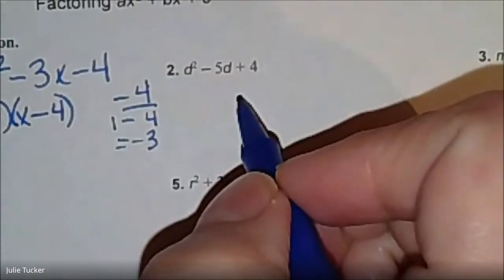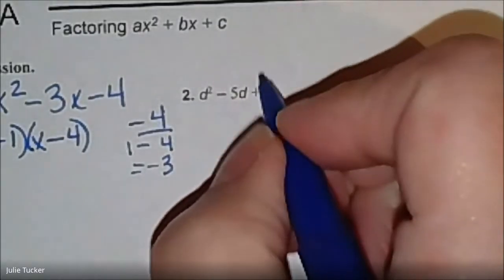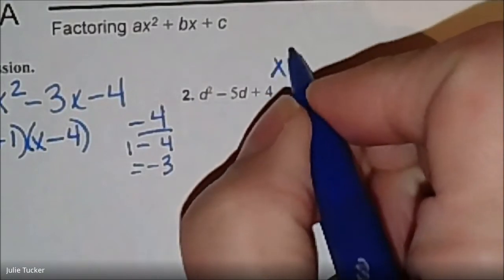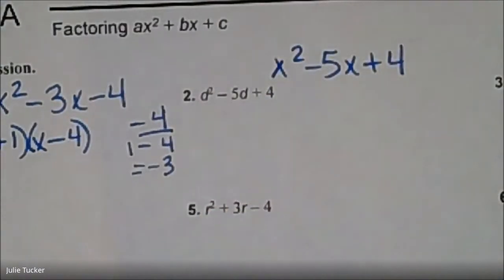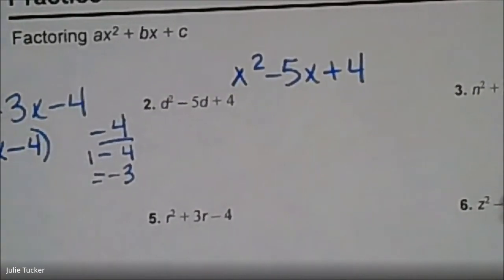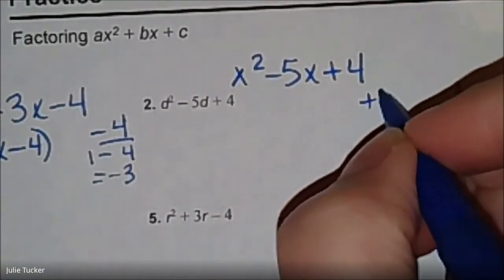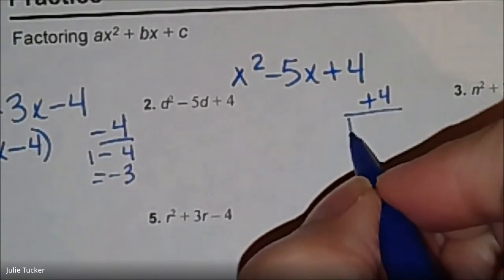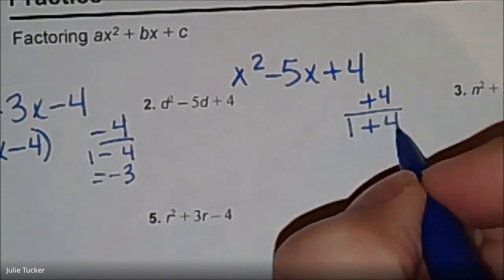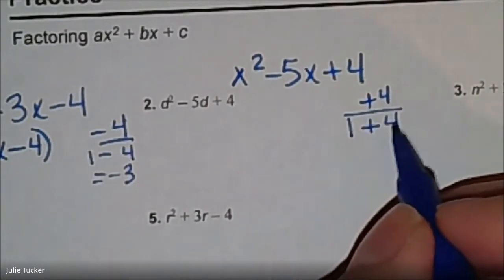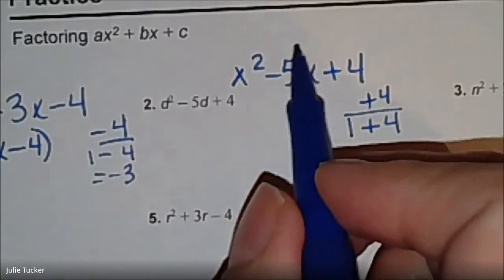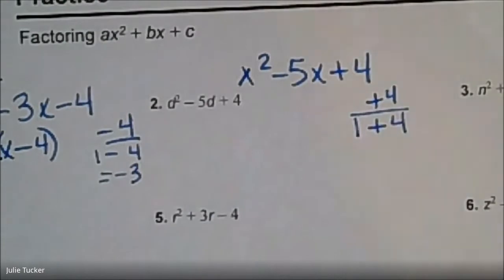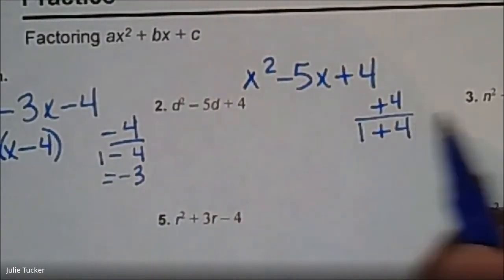This one says, I'm going to use x. X squared minus 5x plus 4. This is still kind of easy because it's a +4. So 1 times 4 is 4, and 1 plus 4 is 5. But this says -5. So what do I do to get negative out of this?